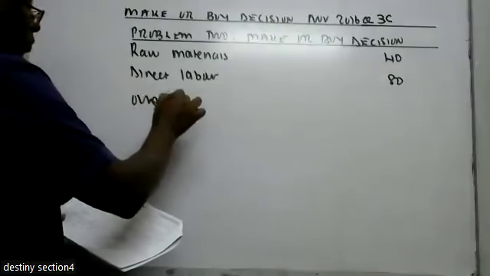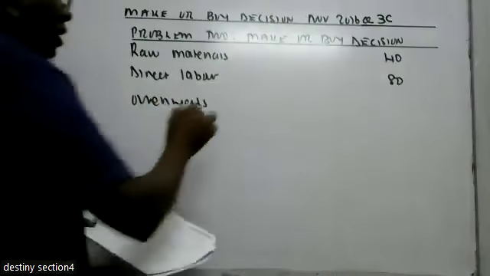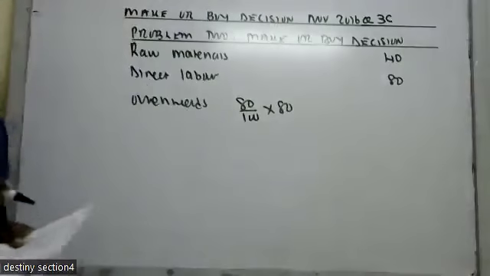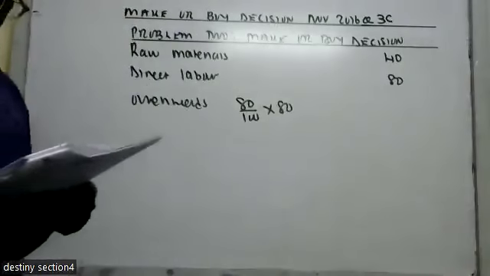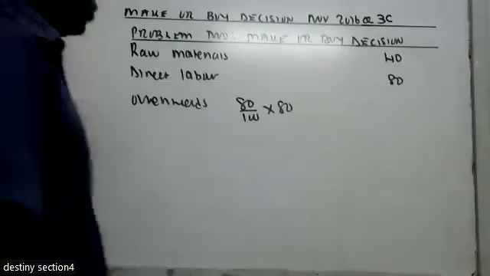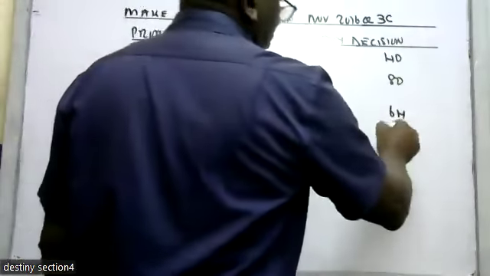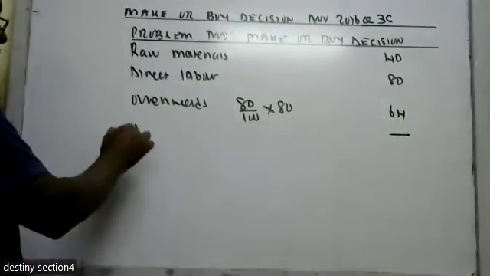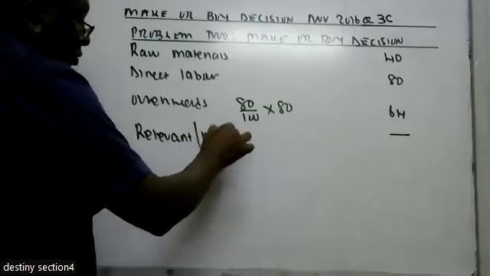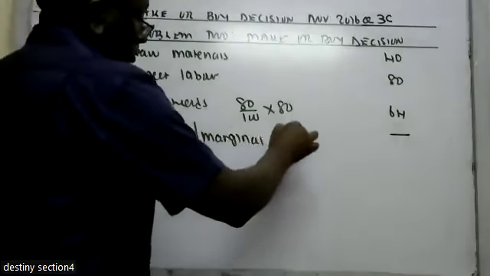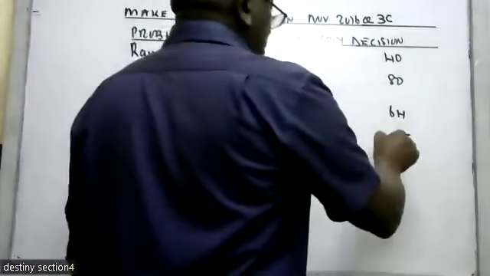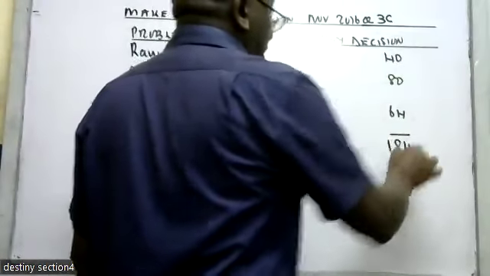Overheads, we said it is 80% of 80, the direct labor, because you're only capturing the variable. $64. So if you work that, you get now the relevant or marginal costs. 184.